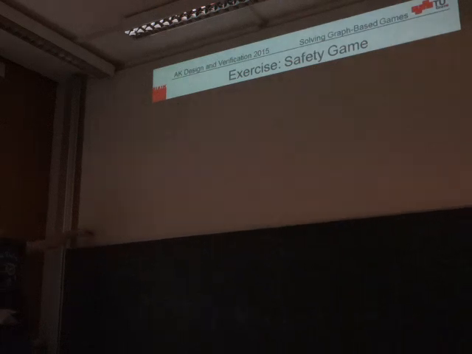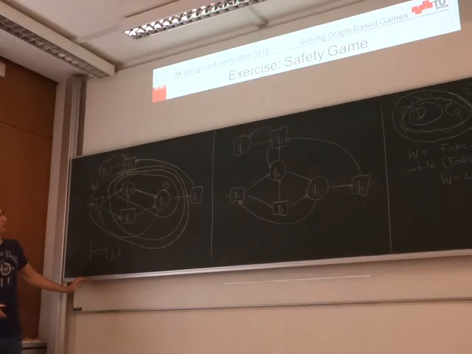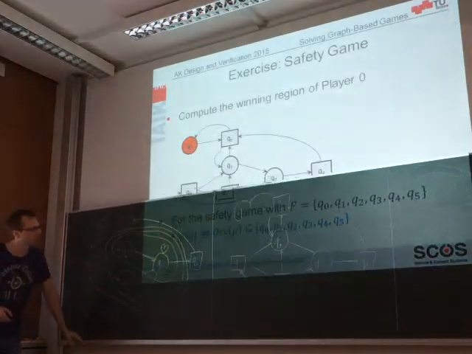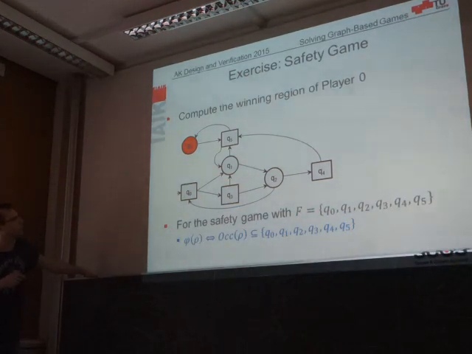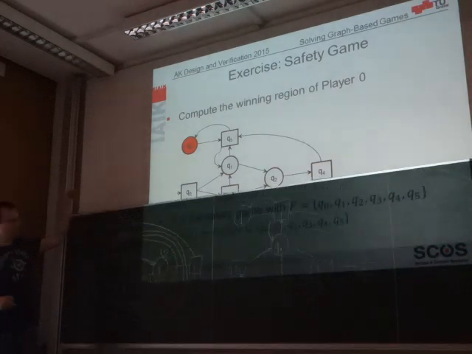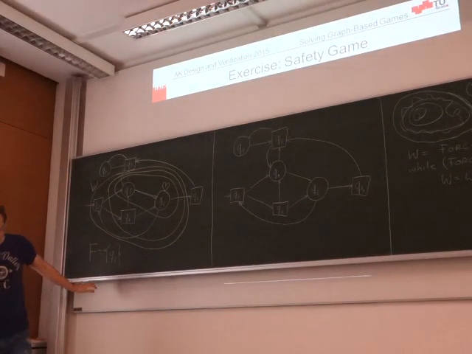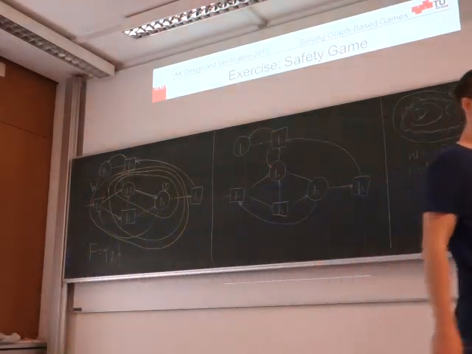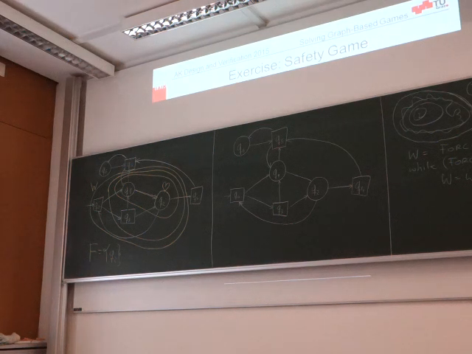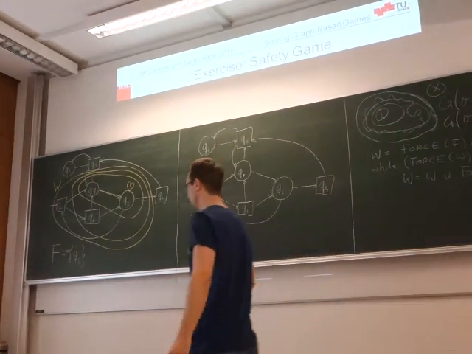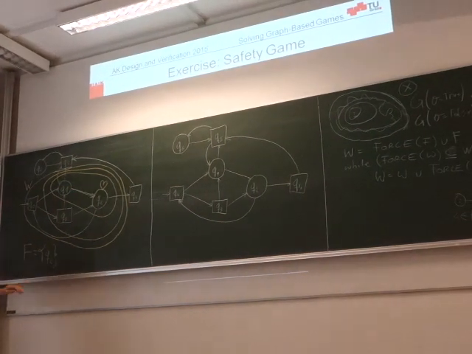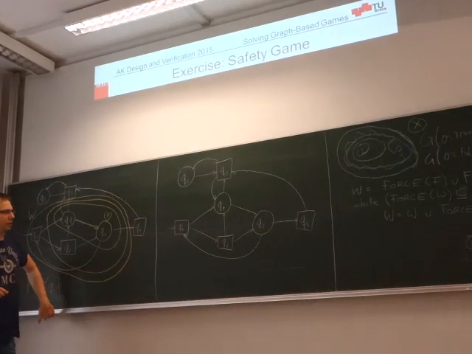So let's do the same thing that we did before. Let me just see what actually F is here. Everything except 6. Okay, so our task is now as follows.